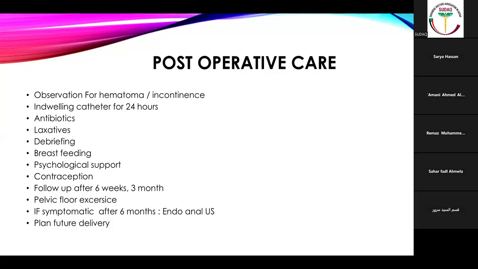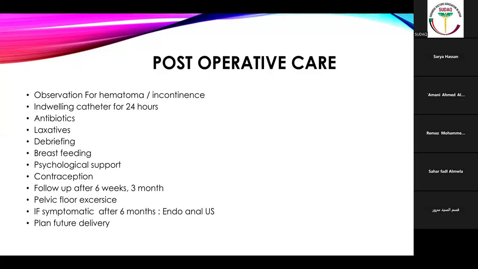The best clinic for the patient to be seen in is a general gynecology clinic. She doesn't need an advanced urogynecologist. You just refer the patient to urogynecology after 6 months if there are still persisting symptoms, for further management.